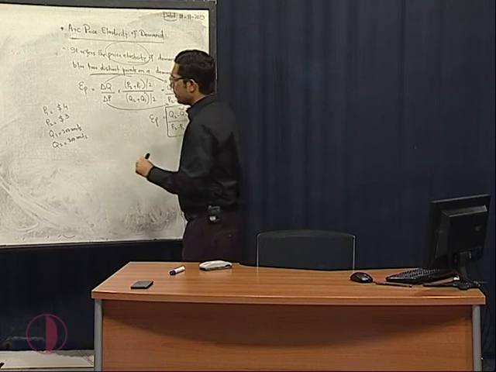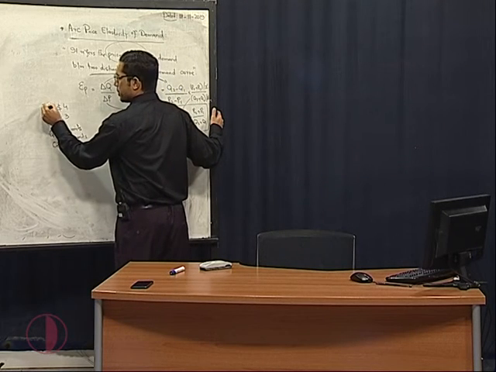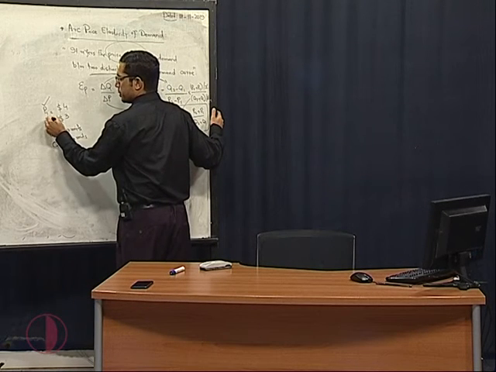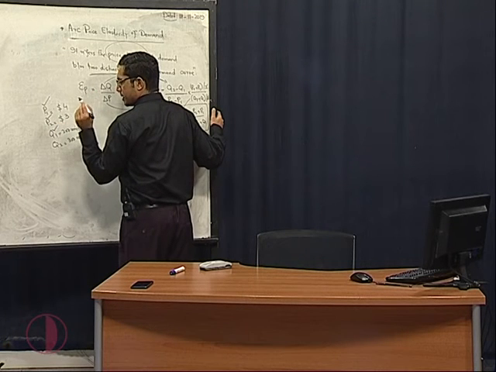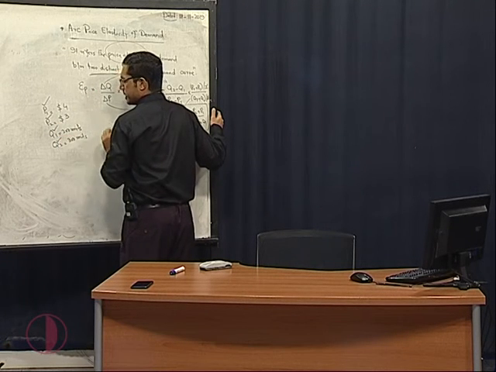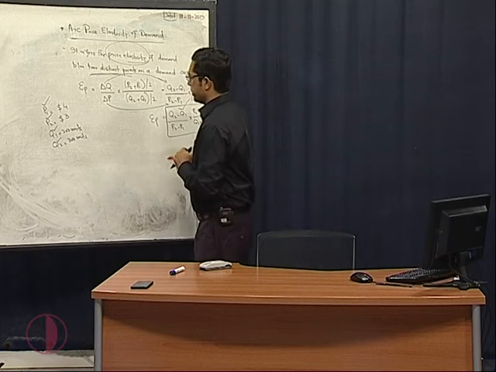P1 is the original price, P2 the new price, Q1 the original quantity, Q2 the new quantity.